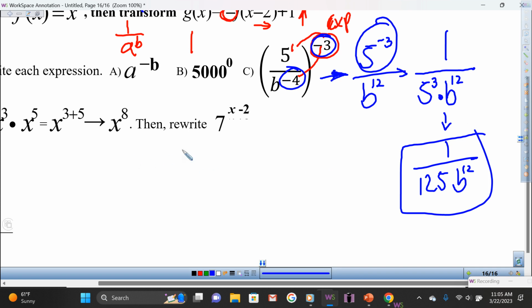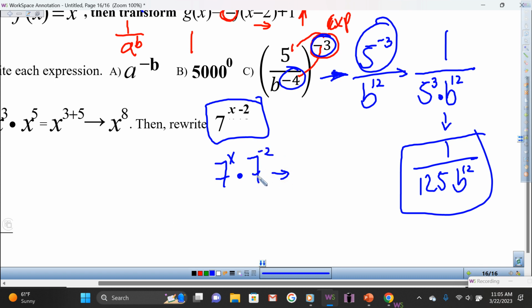Number 4. What'd you get for number 4? Help us out with this one. Jaden. 7 to the x times... Sorry, couldn't hear with the AC. 7 to the negative 2.